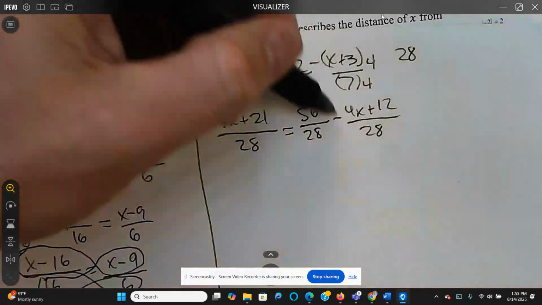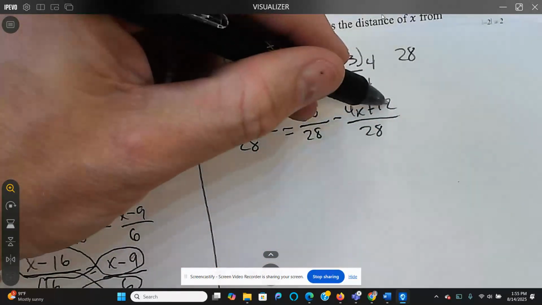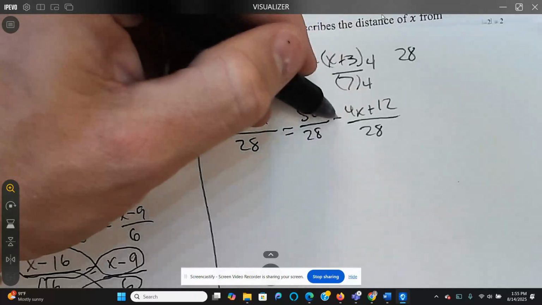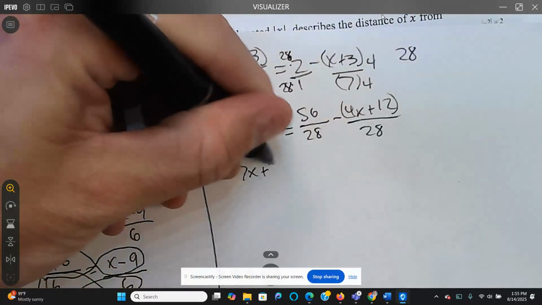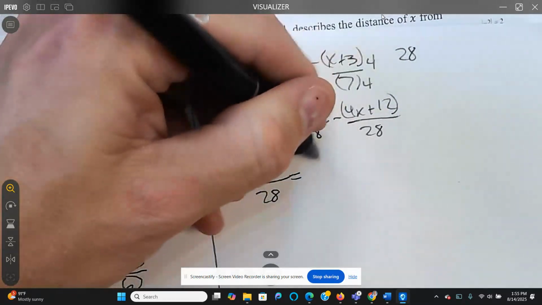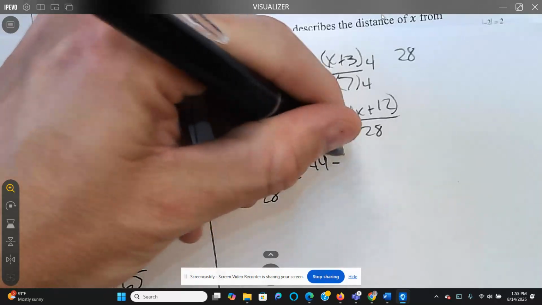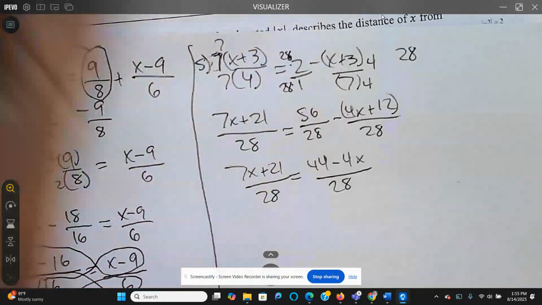The problem is here, because I'm subtracting 4x and I'm subtracting 12. So I'm subtracting 4x and I'm subtracting this whole quantity. So it'll be 56 minus 12, which is 44, minus 4x. You're subtracting 4x and 12 because you're subtracting the whole quantity.